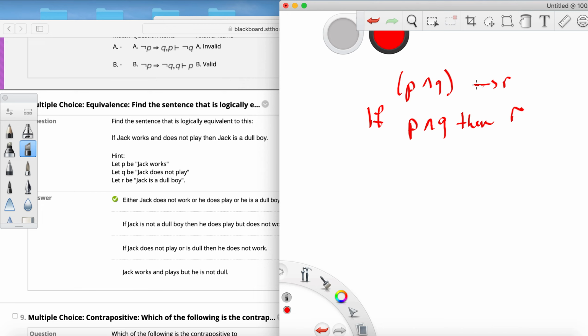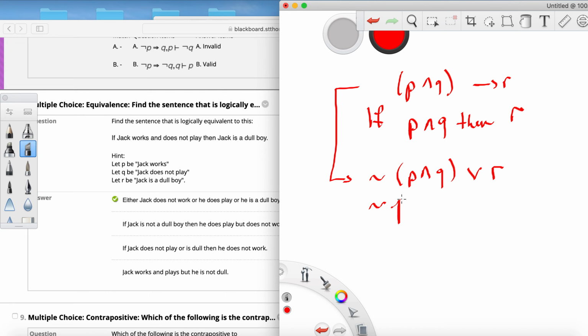Anytime I have an implies sort of thing, I can rewrite that as not, and then whatever is on the left-hand side, and then or, and then whatever is on the right-hand side. Now, I have this not followed by P and Q, and by the De Morgan law, I can distribute that through the parentheses and flip the and.